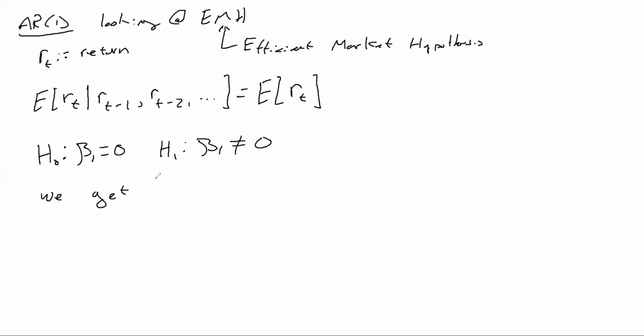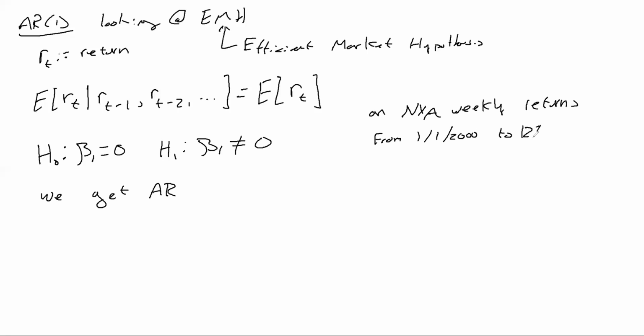We run it on New York Stock Exchange weekly returns from January 1st, 2000 to December 31st, and this isn't exact because it's weekly and there are holidays and things like that.